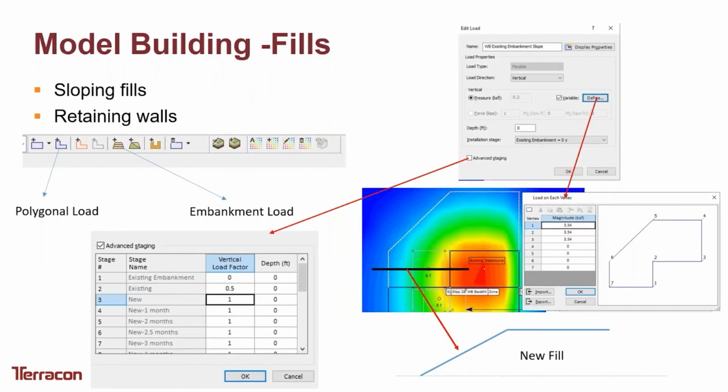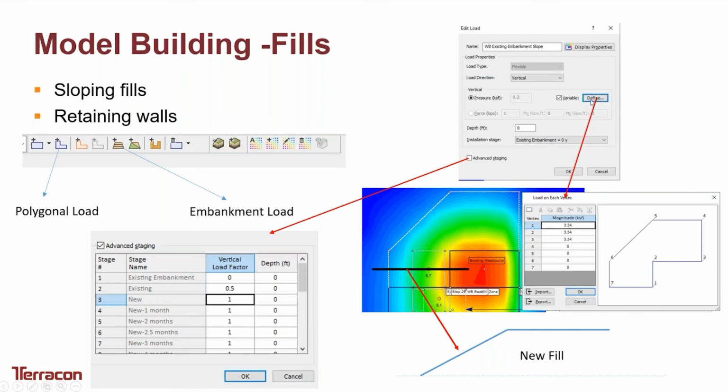The model building is pretty simple. For example, if you're doing the fills, you can use the embankment load or the polygonal load. I personally like to use the polygonal load because I have the freedom to use whatever geometry that I want. For example, in this case, I have a different geometry, and you can see that geometry here.